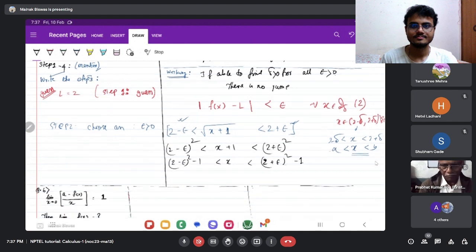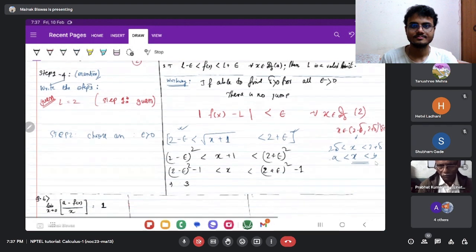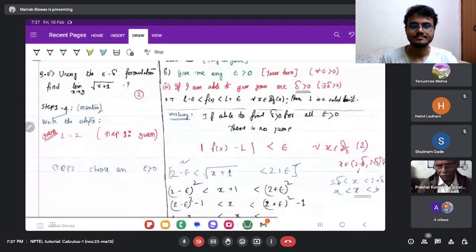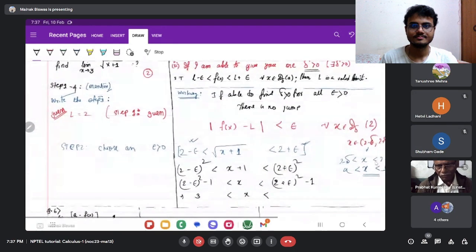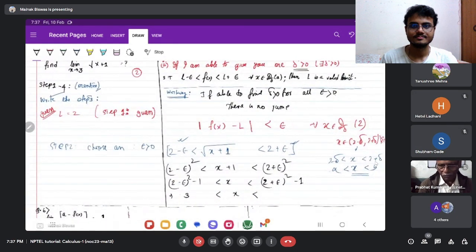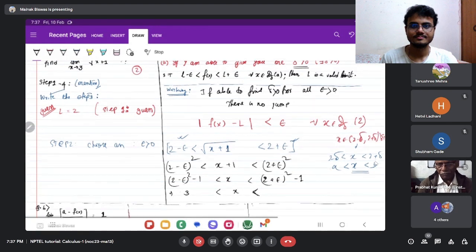Which is also your 3 minus 4 epsilon plus epsilon squared, or you can write this as 4 minus 3 epsilon. Is x equal to, yeah, correct. So this is not 2, right?